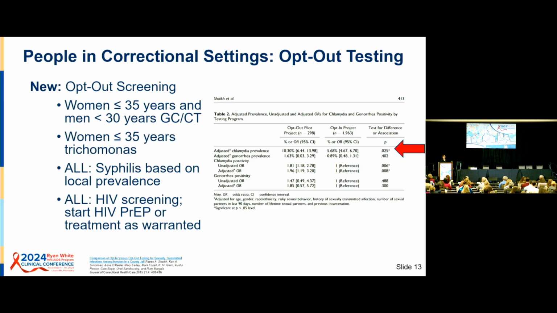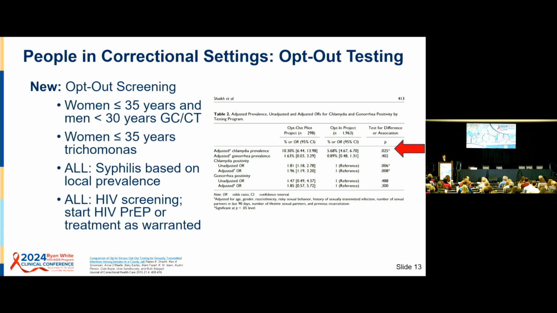Now, the same was not true in terms of the prevalence data for gonorrhea, and that might be because more of the cases of gonorrhea present with symptoms, and so they would have been excluded from the study. The other thing that's really important that I don't have a slide on here is that many of these folks who tested for STIs had a viral load above 200.